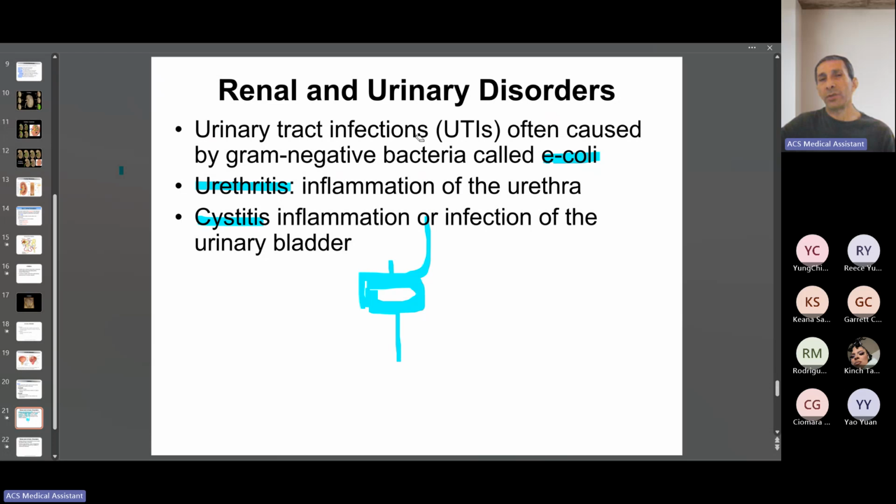So don't forget about these things, because urinary tract infection is the most common infection of the urinary system. Remember, acid reflux, heartburn, esophageal reflux is the most common condition of the digestive system.